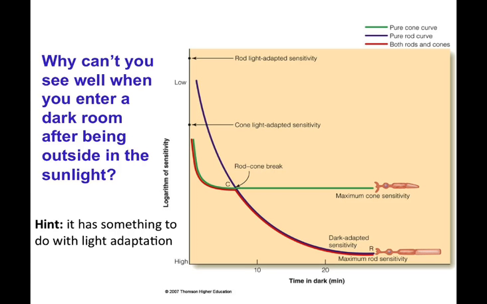It has to do with this phenomenon called light adaptation and the time it takes the different photoreceptors to regenerate their pigment back to its original structure after they've been bleached by photons, for example, by strong light intensity. So I want you guys to read this in the book and figure out this process of light adaptation and understand why it might be different in its time scales across rods and cones.